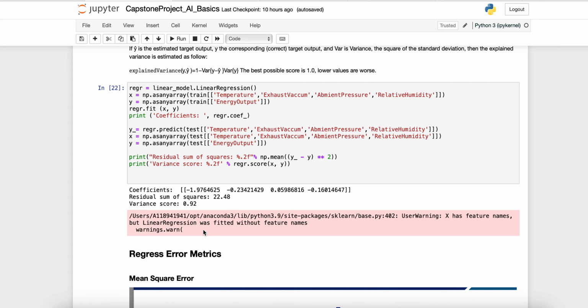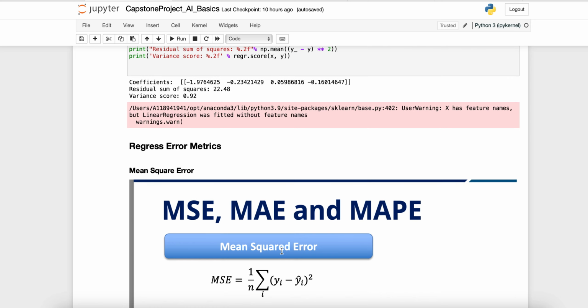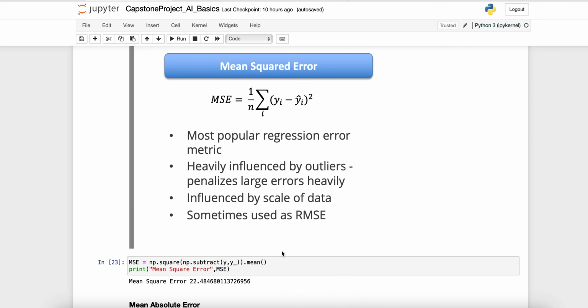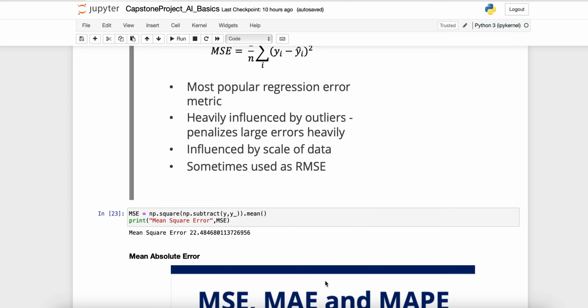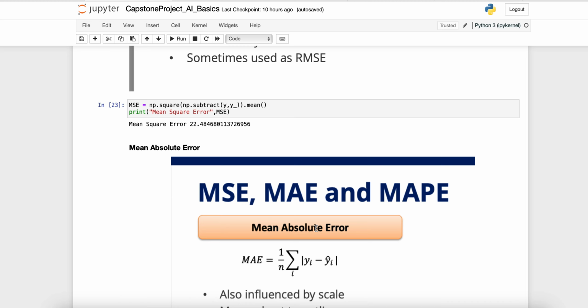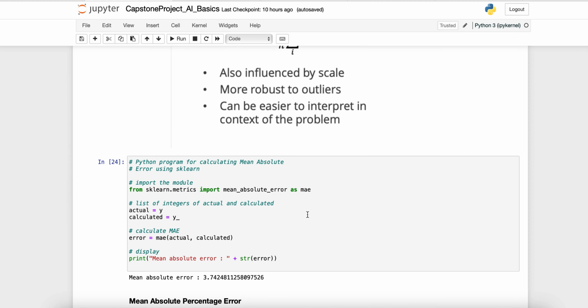Now after that I need to see the error metrics. We have a lot of error metrics that we have trained in this course. The first one is the mean squared error, and its root is known as RMSE. Here is the mean squared error, we have 22 point something here, and then mean absolute error is 3.47.